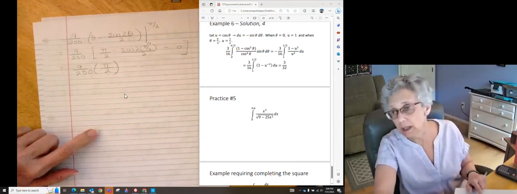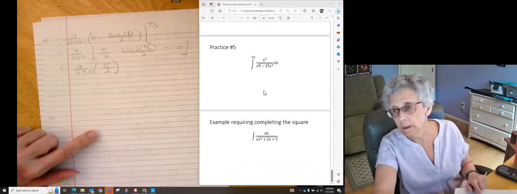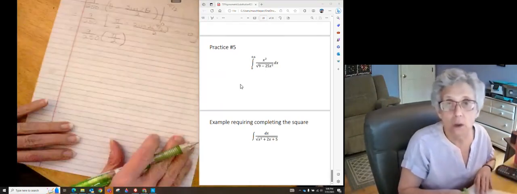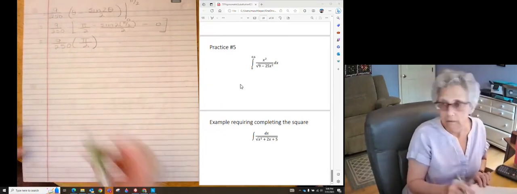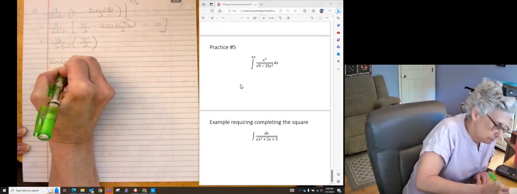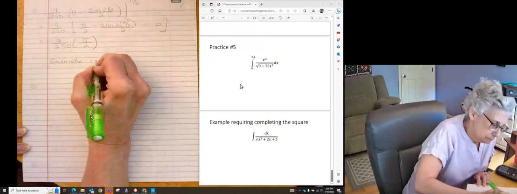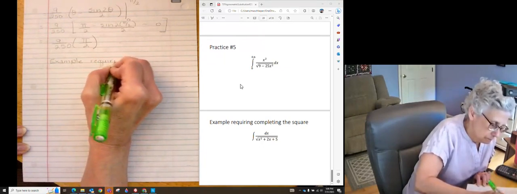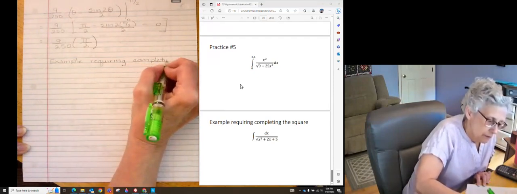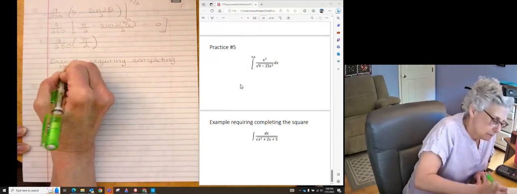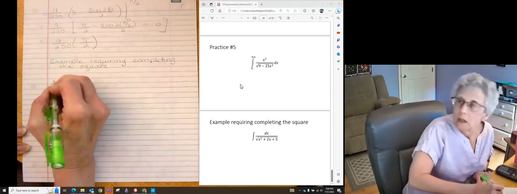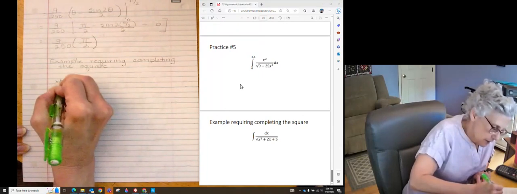Okay, let's see what happens when we have to complete the square. It just means we're going to have to do some U substitution in there. No way to get around it. So, first thing I'm going to do is just complete the square. Completing the square. You can fast forward through this part. So x squared plus 2x plus 5.